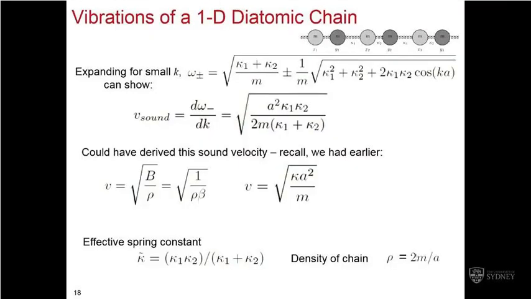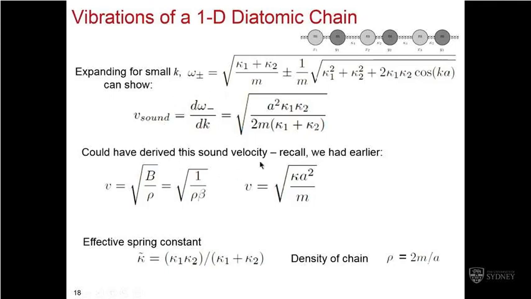Okay, so what we should do now is, if we consider very small values of k in our dispersion near the origin, if you make the small angle approximation here for cos of Ka, which is 1 minus a half Ka squared, and substitute it in here, then you can find for this acoustic mode here, the one that's very linear, that it can be related to the sound velocity.